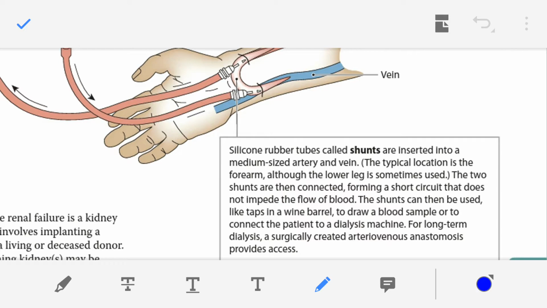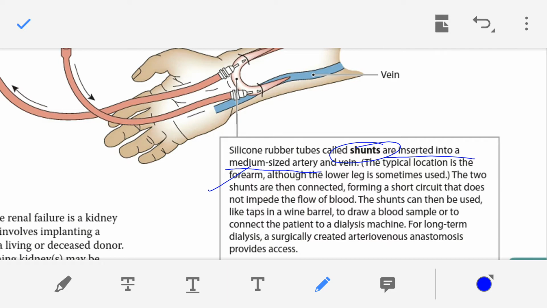The shunts, as you can see in the figure, are inserted into a medium-sized artery and vein, and the typical location for the insertion of the shunt in the artery and vein is the forearm.